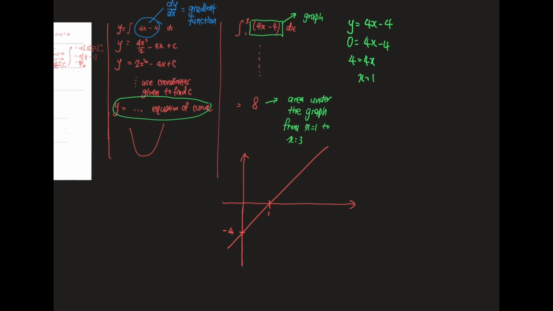Now I say the answer that we get, 8, is the area under the graph from x equal to 1 to x equal to 3. So x equal to 3 is somewhere here. You can see x equal to 1 is here, x equal to 3 is here, and the area under the graph is this area.